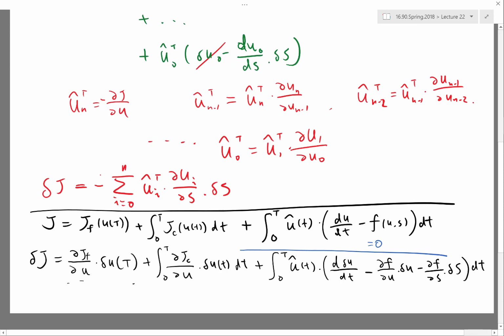So in this equation, if we want to compute the resulting delta J with any perturbation delta s, what do we want to cancel in this derivation? df/du is actually known, right? Because f is a known function that we have to be able to evaluate when solving the differential equation. So what's the term we want to cancel here? What do we not want to evaluate again and again for different values of delta s?